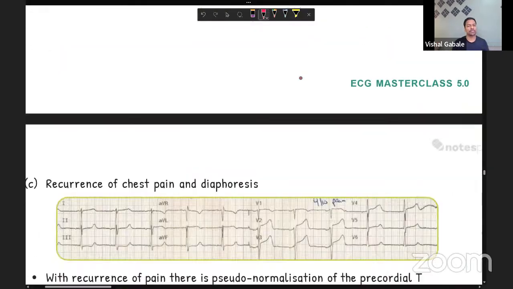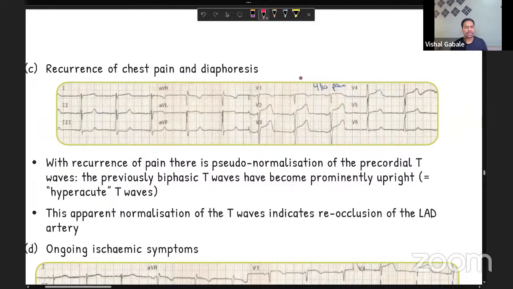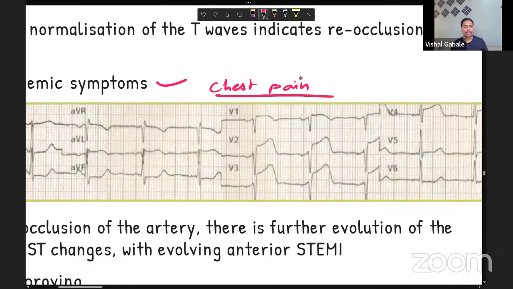Now let's see what happens if the patient has chest pain. Again, the patient started having chest pain, diaphoresis. You see this looks a little normal, not completely normal, but the ST elevation is there. 1 mm, 1.5 mm ST elevation is almost there. And if you look closely over here, if this chest pain continues, again you will develop ST elevation.